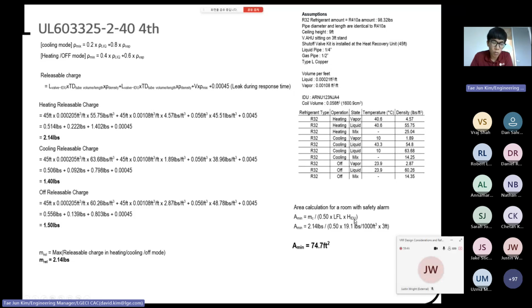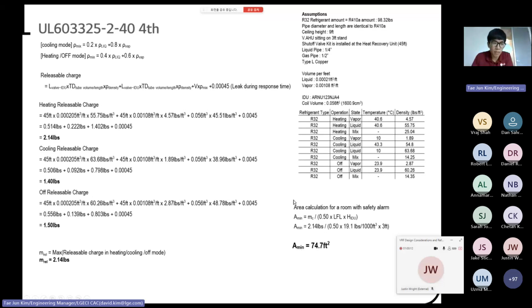On the third edition, it asks for the room height, whereas the fourth edition asks for the indoor unit height. And because for this example I'm using the vertical AHU sitting on a 3 feet stand, I had to use 3 feet, and that resulted in a higher area compared to the third edition. Even with that, the minimum area of 74.7 square feet is very, very small.